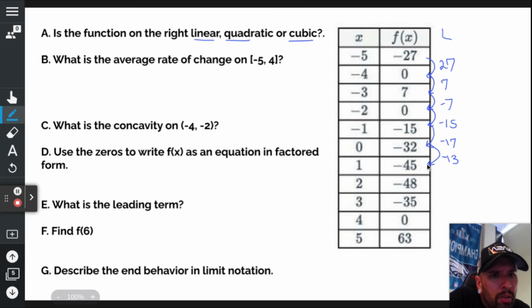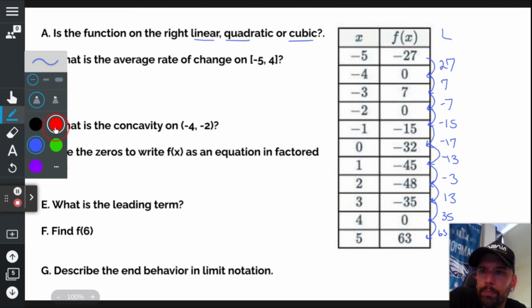Yeah, that looks good. Minus 3, plus, I'm so bad at these, plus 13. Just making sure. Plus 35, plus 63. So not linear, not even close.